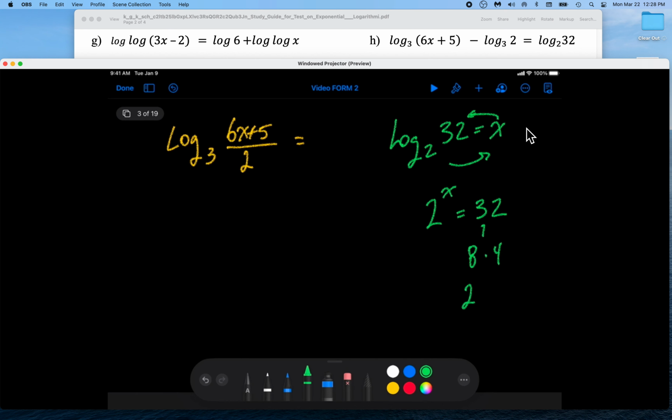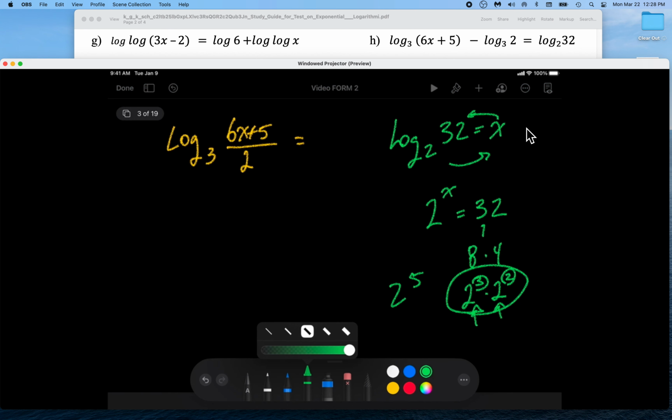We know that 8 is 2 cubed. We know that 4 is 2 squared. So lo and behold, 32 ends up being 2 to the 5th power. Recall, when we have common bases, we add the exponents. So x is going to be 5 here.